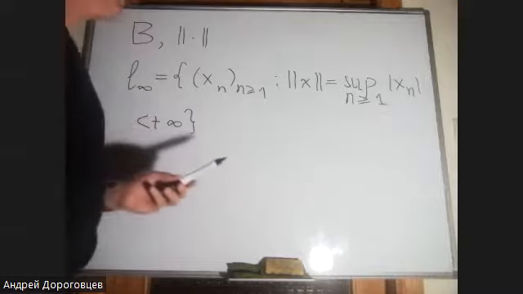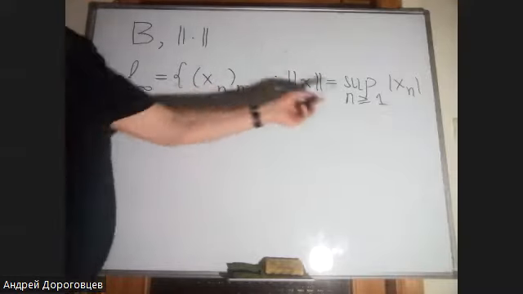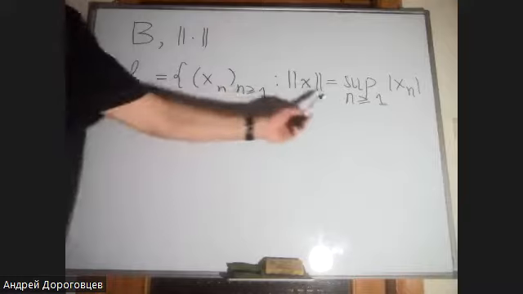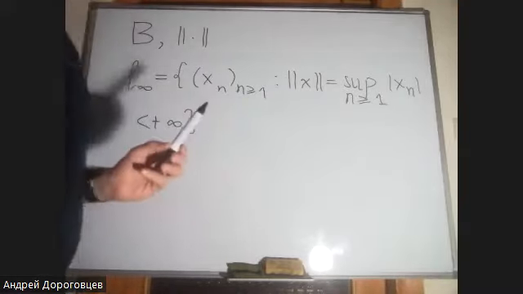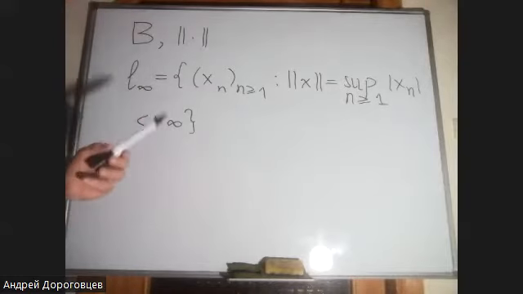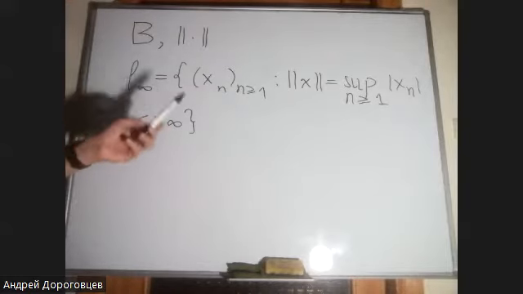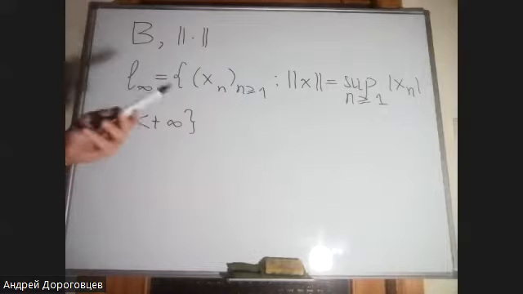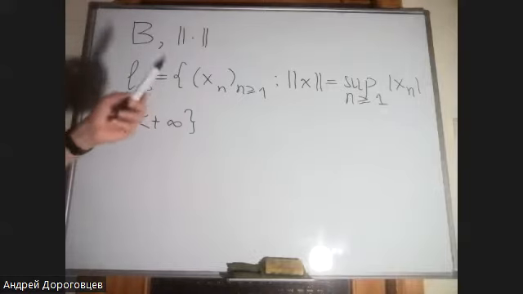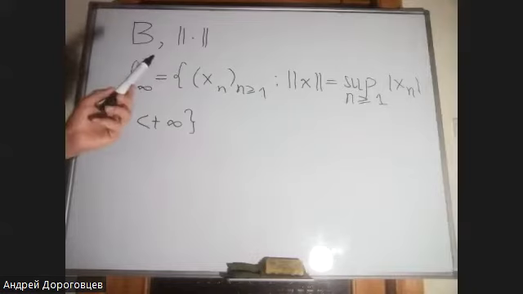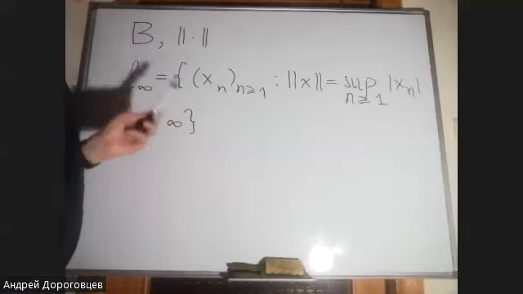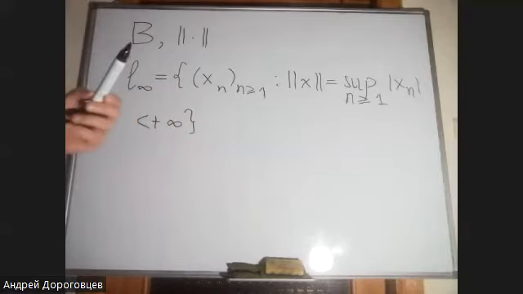Let us note that of course we have to write supremum here, and that with this norm, this space becomes a linear normed space. It's not difficult because the supremum of a sum is at most the sum of the suprema. And what is important is that relative to this norm, this is a complete space. This is a Banach space.